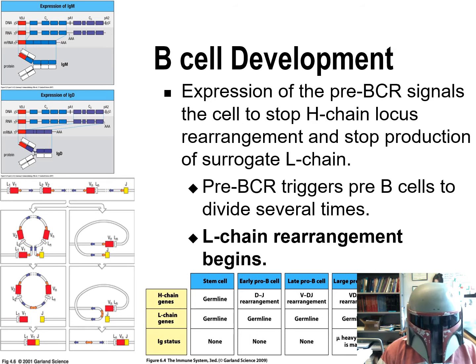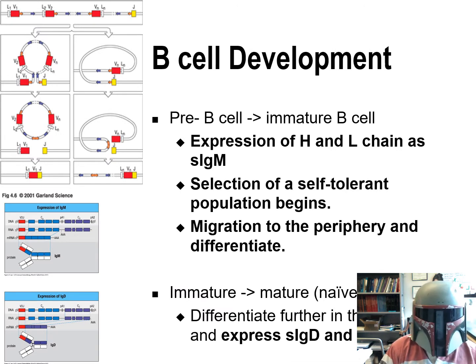So as far as the heavy chain goes, once that works, that means your recombinase enzyme is functional, and then you can move to the light chain rearrangement and use that same enzyme to develop then the light chain at random, and then begin this self-tolerance selection process. So again, think about, I guess we're always reviewing, I can't help it, how we are going to not attack ourselves.